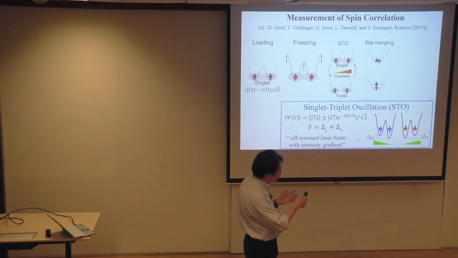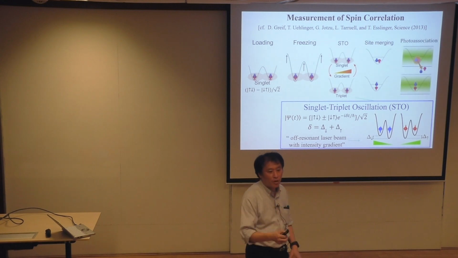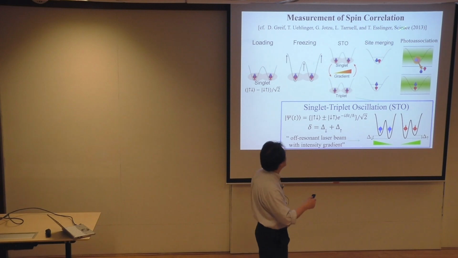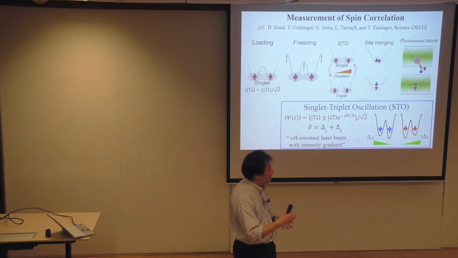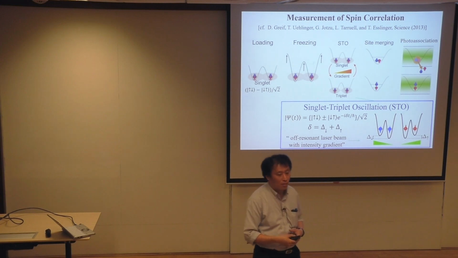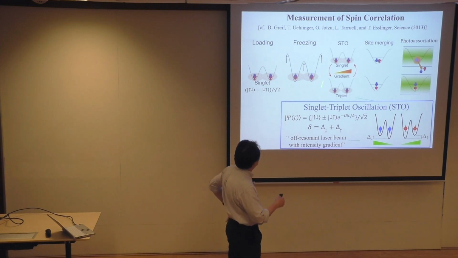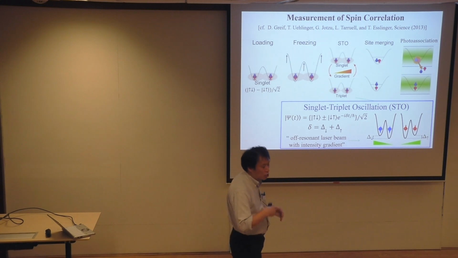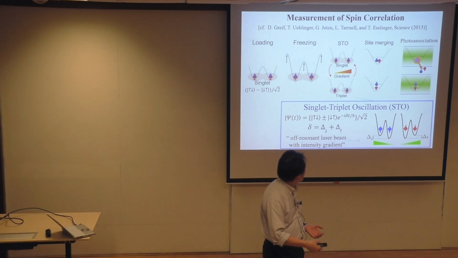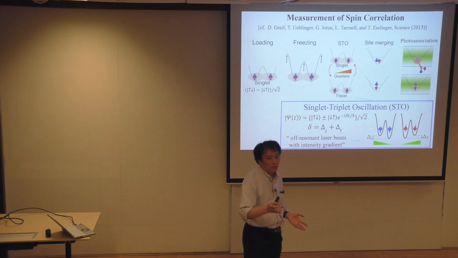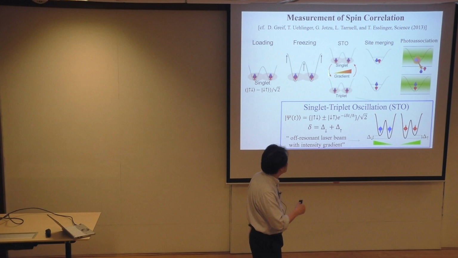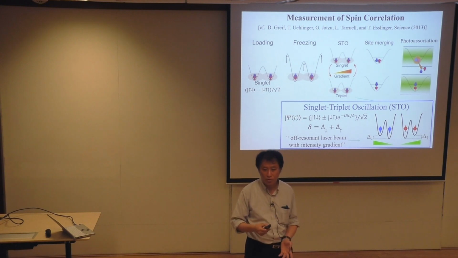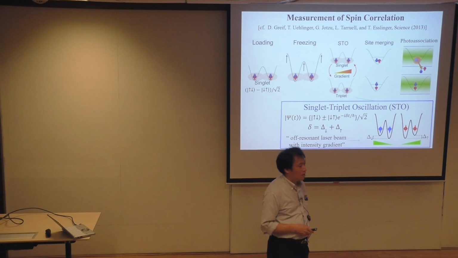Then these 2 atoms can be converted to a molecule by the application of the photoassociation laser beam, and eventually they escape from the trap. In the case of a triplet state, they are not converted to a molecule and there is no atom loss. In this way, we can detect the spin correlation as an atom loss. This is our method.